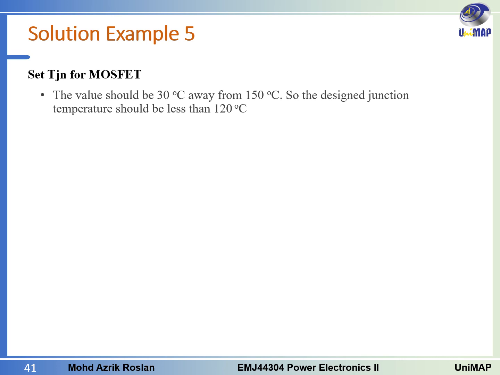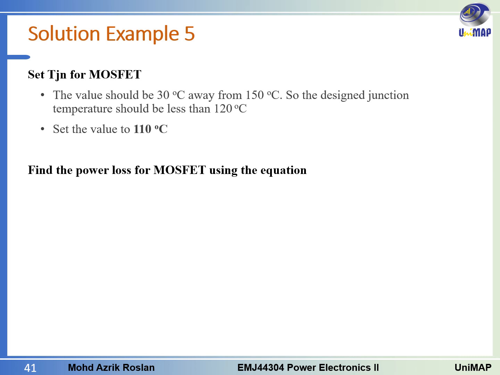In this case, for the MOSFET, the maximum junction temperature is 150 degrees C. So the junction temperature should be less than 120 degrees C. So you can select any value from 120 and below. In this case, we set the value to 110. You can even set another value, 105, even 100. For this particular example, I select the value of 110 degrees C.